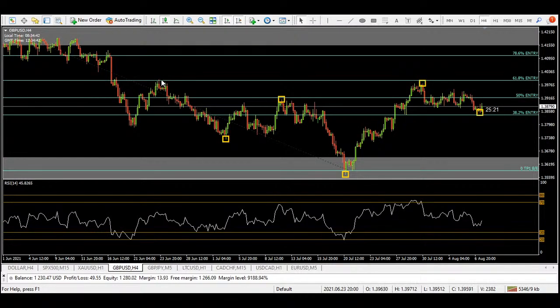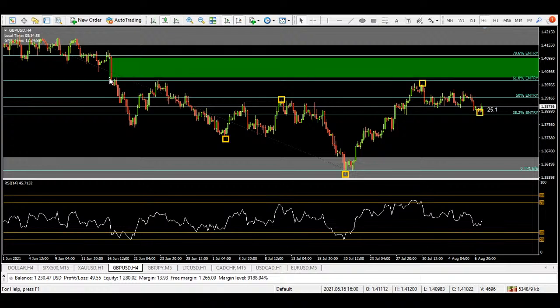But again, we failed to break this high. So we do have candle imbalance here. That is 4 hour candle imbalance. Got a 4 hour candle imbalance there.